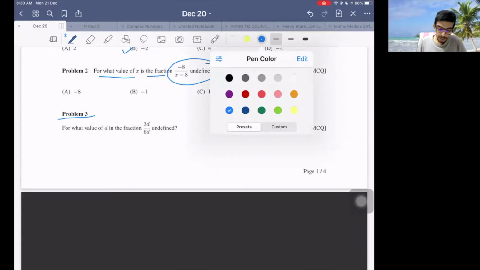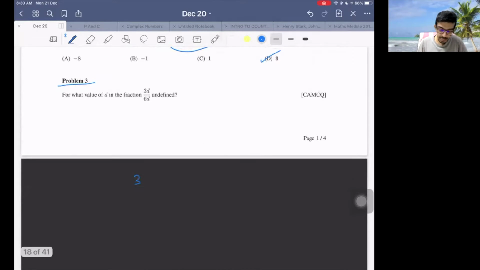Yes. You might want to think that you can easily cancel off these d and then you have nothing to worry about. But that's not how it works, okay? If you have some terms in the denominator and you want to cancel them off, you have to first make sure that it is not 0.